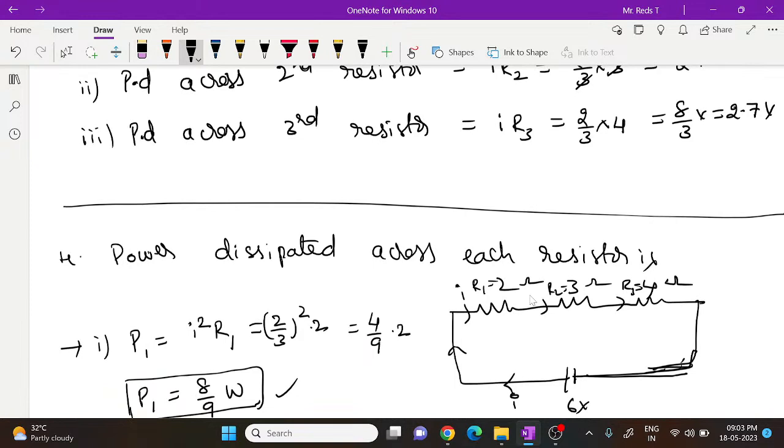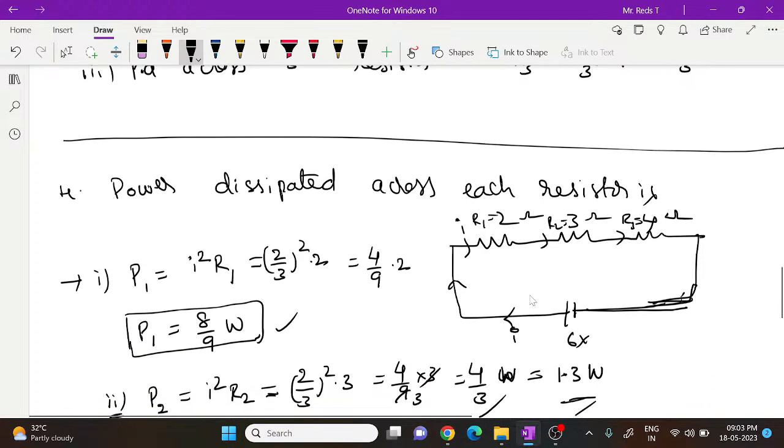Remember that in series combination current is constant, so express the power dissipated across each resistor in terms of the constant term: in series current is constant, so I square R. If we consider parallel combination, then potential will be constant, so power dissipated is nothing but V square by R. You have to take V square by R1, V square by R2, V square by R3 like that. Keep these points in mind.